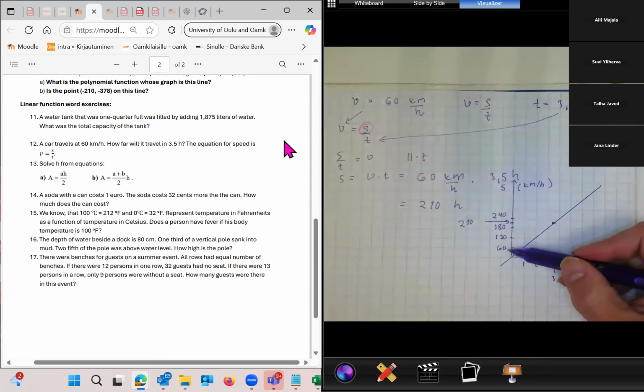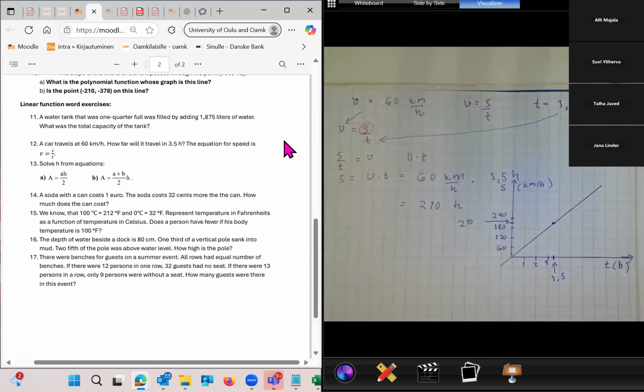If I had divided this in a different way, maybe I would have got it less accurately. But as you see, this is an equation of the velocity as a function of time.